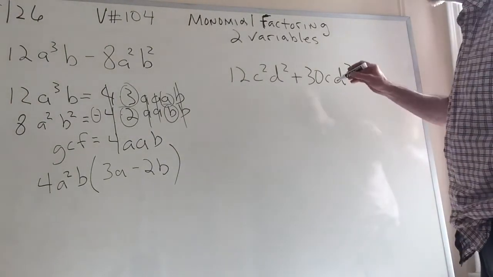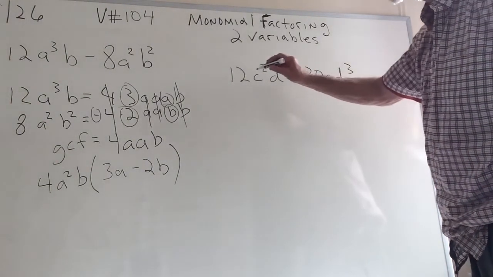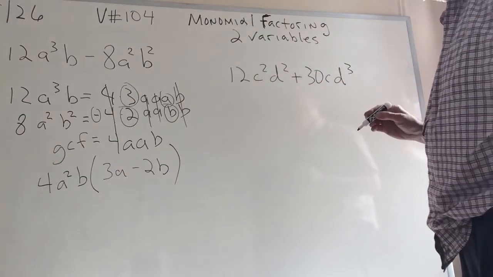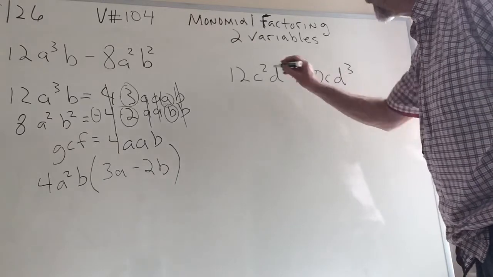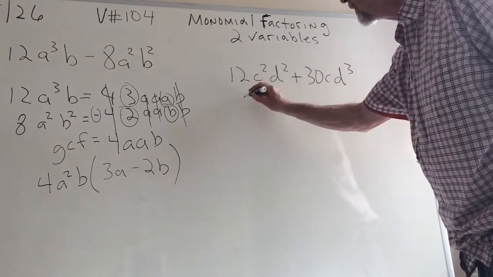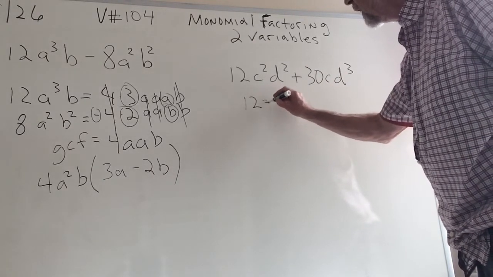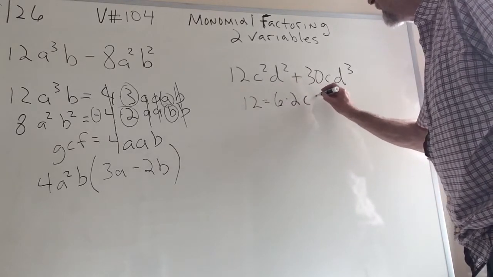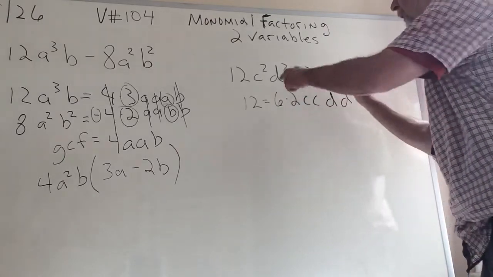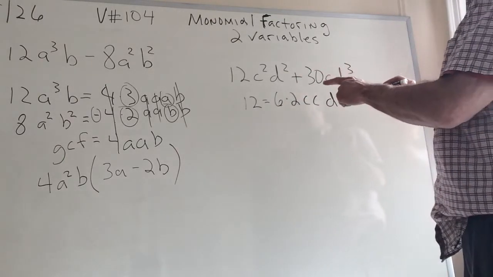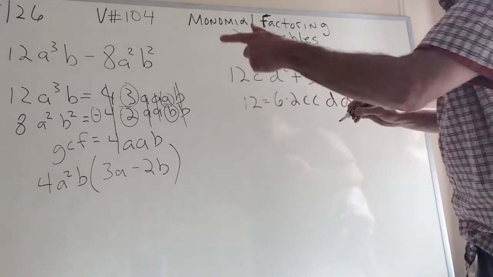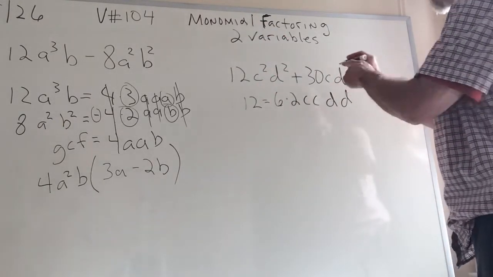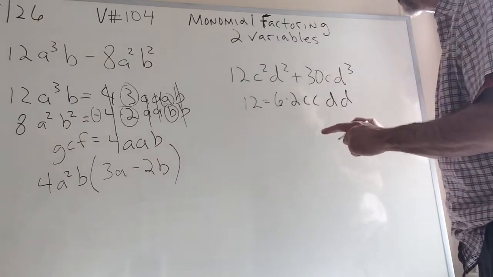And oh my God, so the problem here is, what do 12 and 30 share? So let's do it. We see they share the 6. So let's just write 12 as 6 times 2, C, D, because we have two variables here, C and D instead of A and B. And we might reconsider trying to do this in our head, but we don't really know here.